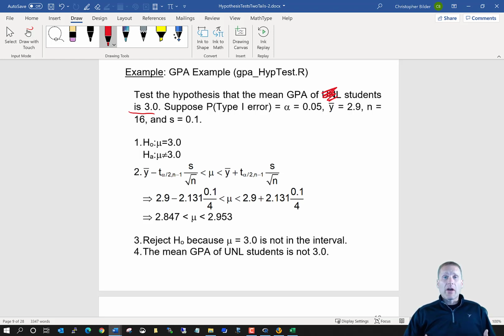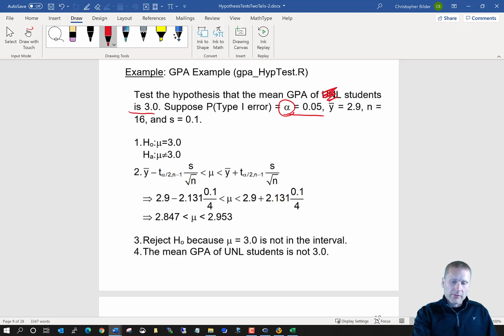So we're going to do this hypothesis test in a way where we state alpha to be 0.05. We made that decision, and then we go out and take a sample. The sample gave us y bar equal 2.9. Sample size was only 16, and the standard deviation was 0.1 of these GPAs.